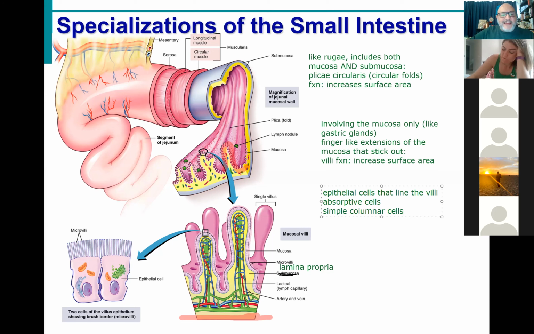But notice they have finger-like extensions of their plasma membrane that extend out on their apical surface. And what do we call those special organelles? Microvilli. And what are the functions of these microvilli? Increase surface area. There you go.